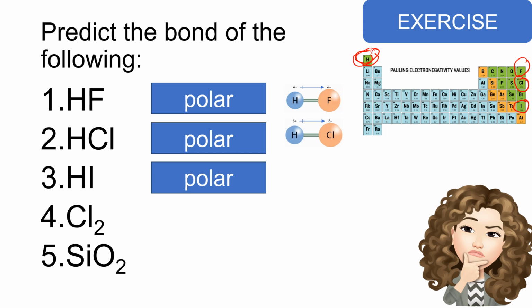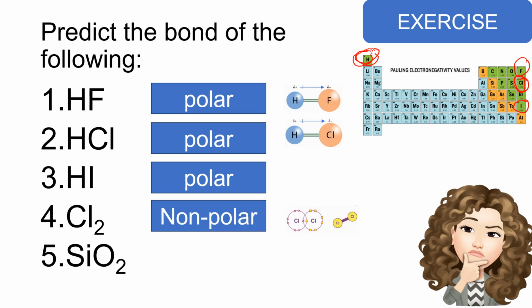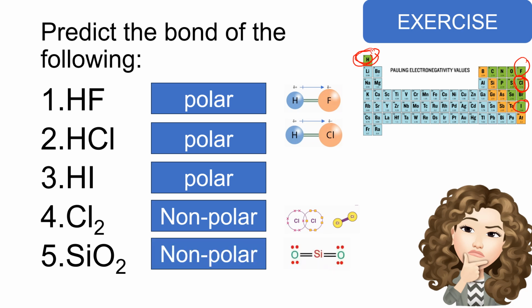For your chlorine, you have chlorine here, two of that. This is easy to see. This is your non-polar. And for your silicon dioxide, you have silicon and two oxygen atoms. That is non-polar.